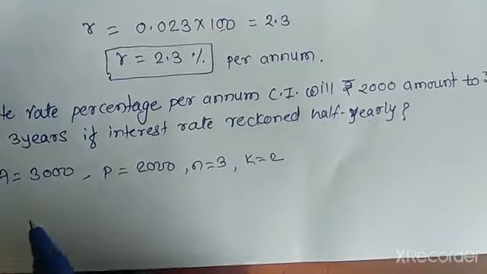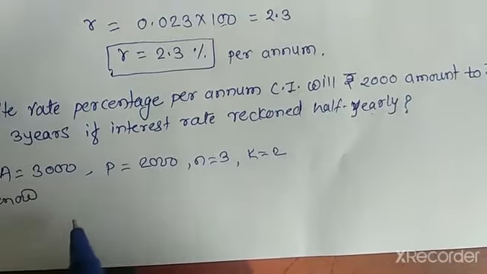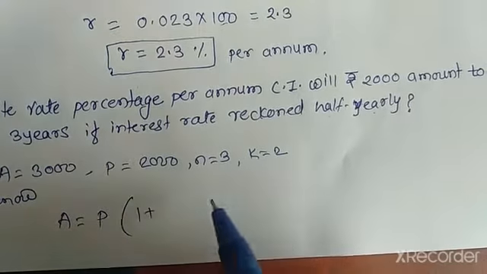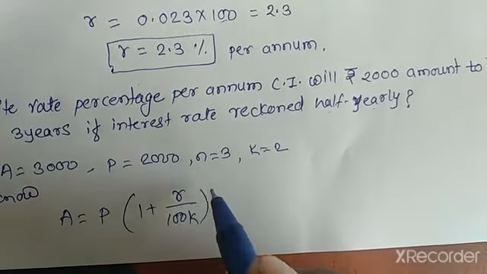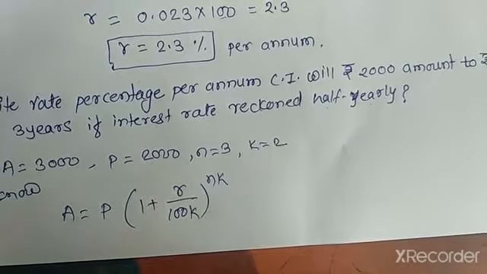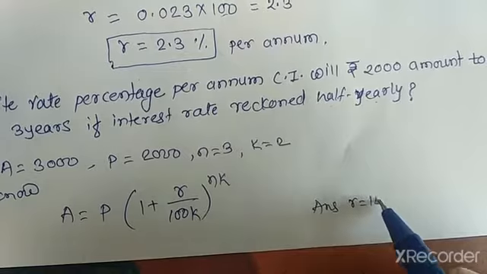So we use the formula: we know A is equal to P into bracket (1 plus R upon 100K) raised to N into K. Okay, you have to use this formula, and your answer will be R is equal to 14.